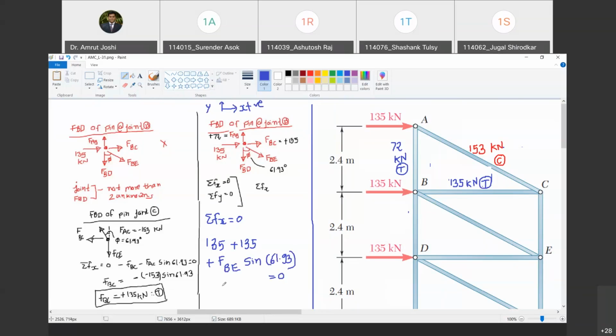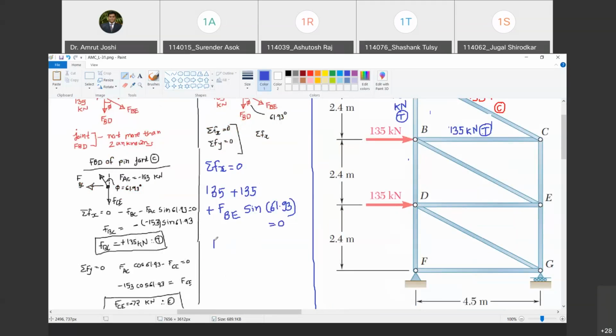So that gives me the value of force in member BE, and therefore I get FBE equal to, solve this. I am also going to solve simultaneously with you. Ensure that your calculator is in degree mode. Okay, let us solve it.